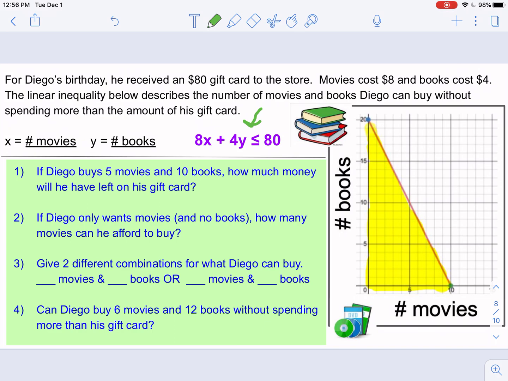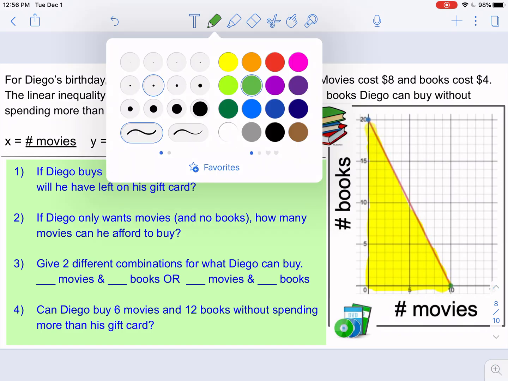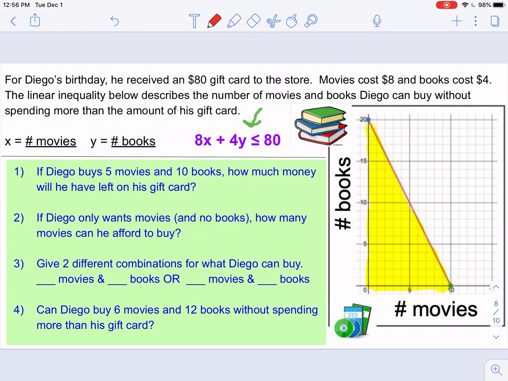So if Diego buys 5 movies and 10 books, how much money will he have left on his gift card? If we take a look, we have 5 movies on the x-axis and 10 books on the y-axis. We have a point here. This line represents the different combinations that he can buy.